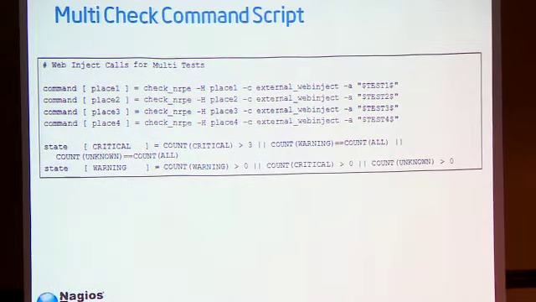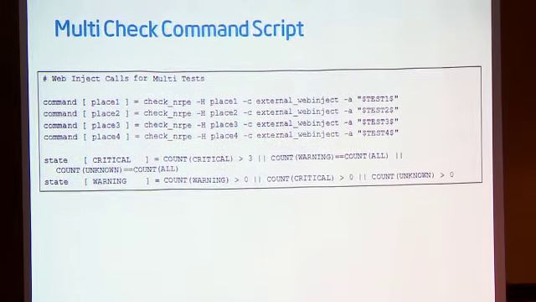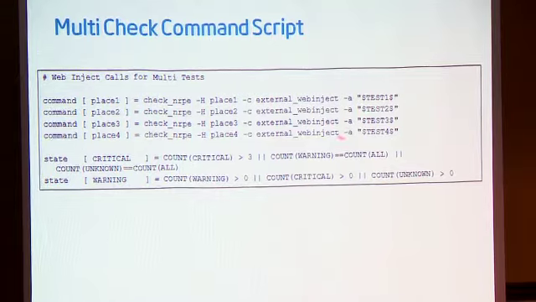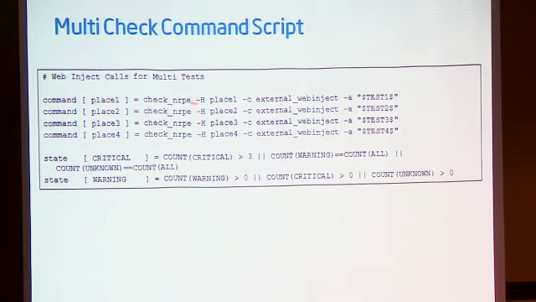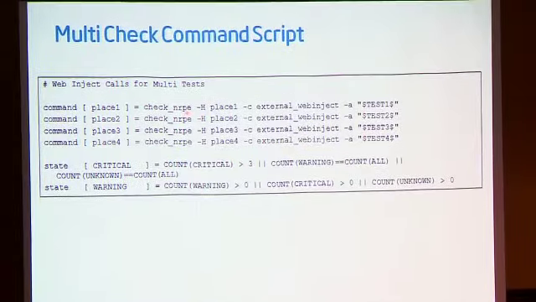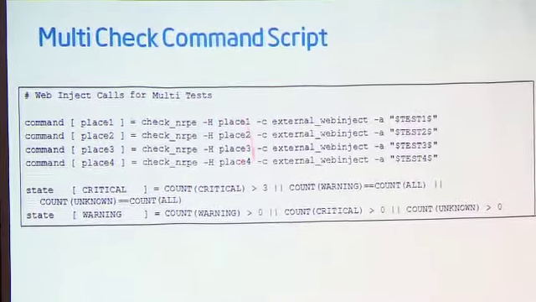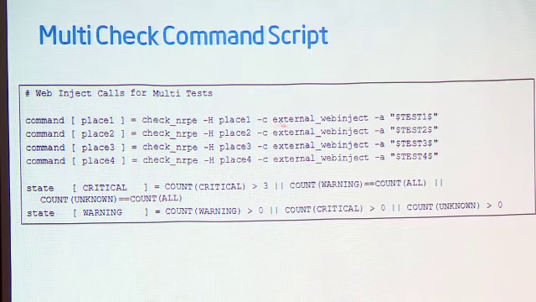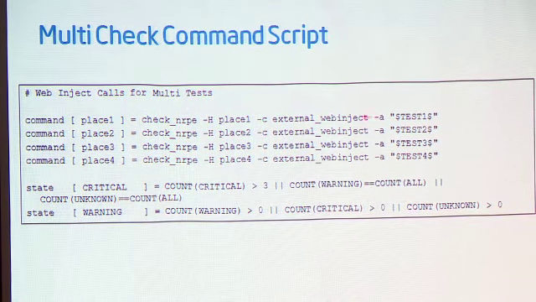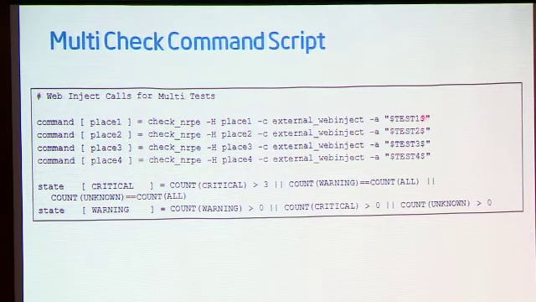This is the command script that you have on the central dashboard, the central Nagios, where we are just setting the command. What we are using is check NRPE, the host, different hosts for each command, the same NRPE command, and the arguments for this command.